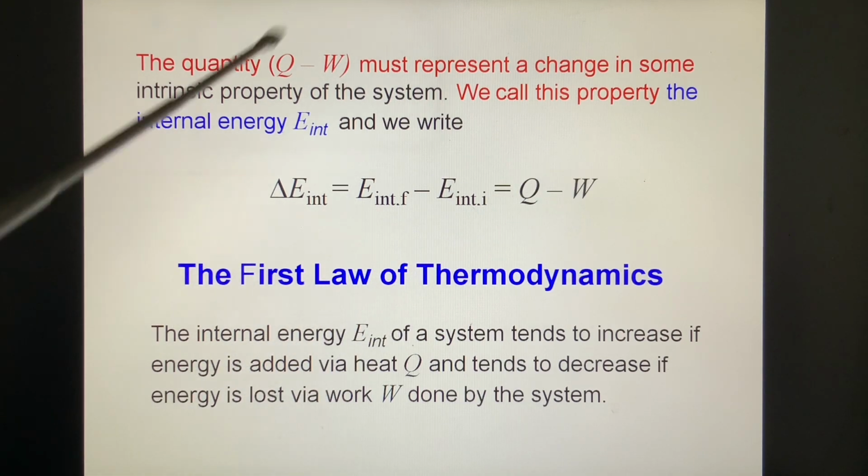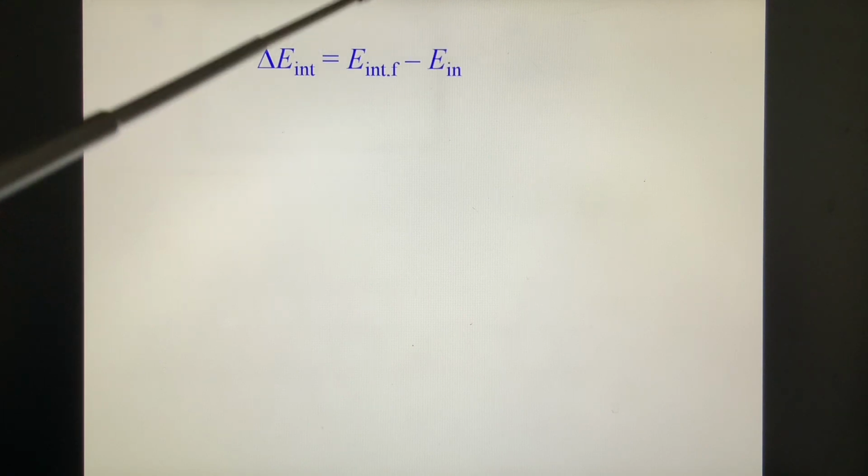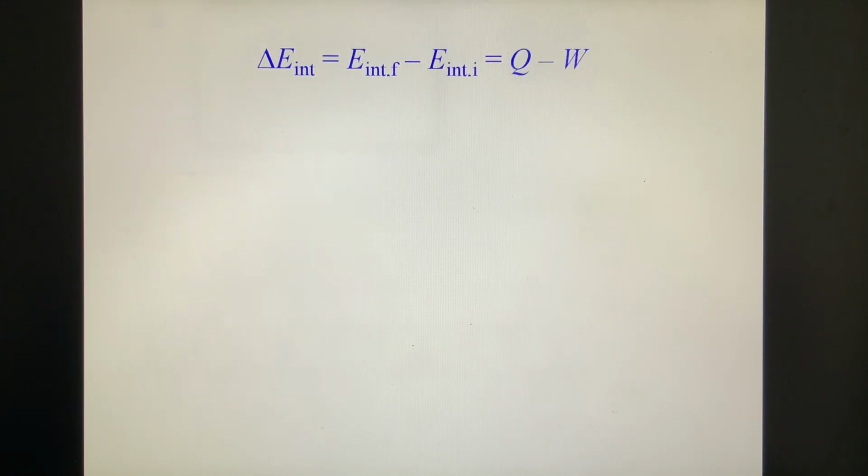This is the first law of thermodynamics: delta E internal equals E internal final minus E internal initial equals Q minus W.